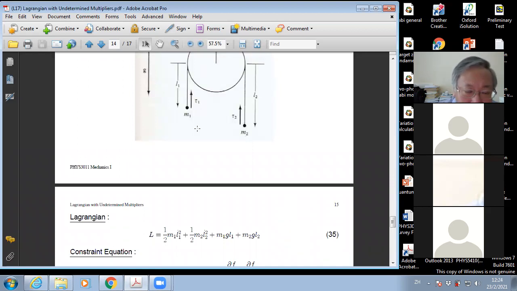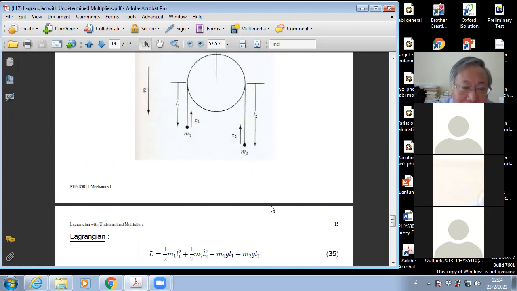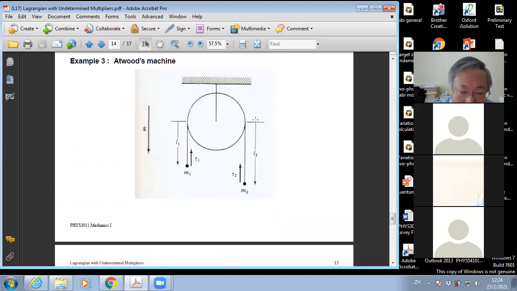The kinetic energy for M1 is given by 1/2 M1 l1 dot squared, and for M2 it is 1/2 M2 l2 dot squared, right? The potential energy is equal to minus M1 g l1 and minus M2 g l2, all right? The potential energy at this level is equal to 0.